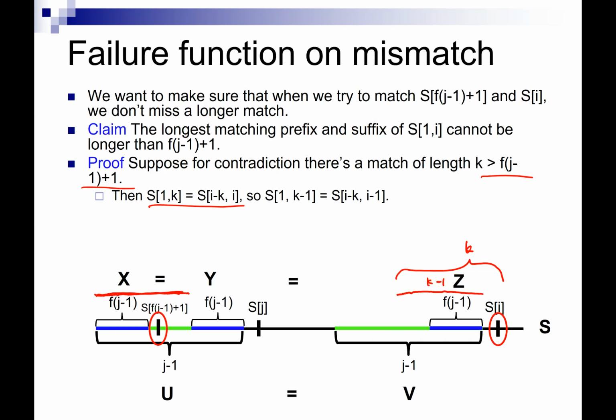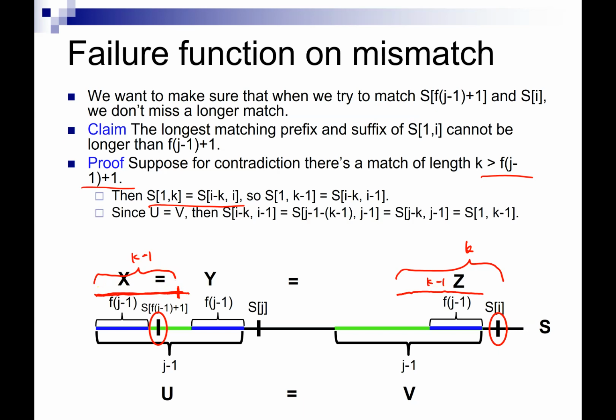But then you can just take out the final letter, and you have that these k minus 1 letters also match. And then since u equals v, this suffix over here also exists over here in u.